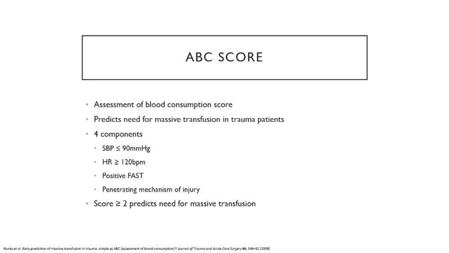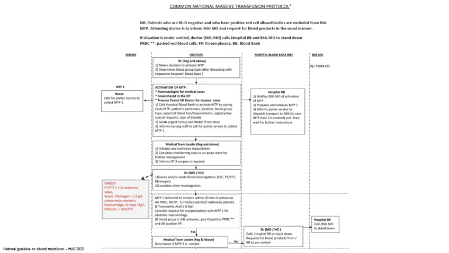Activation of the Massive Transfusion Protocol will be guided by the Common National Massive Transfusion Protocol as extracted by the Clinical Guidelines on Blood Transfusion 2023. This delineates the varying roles of the nurses, doctors, hospital blood bank, as well as the BSG-MO.